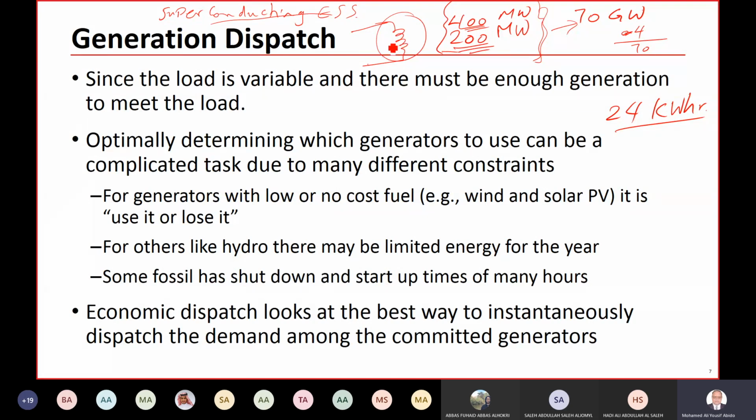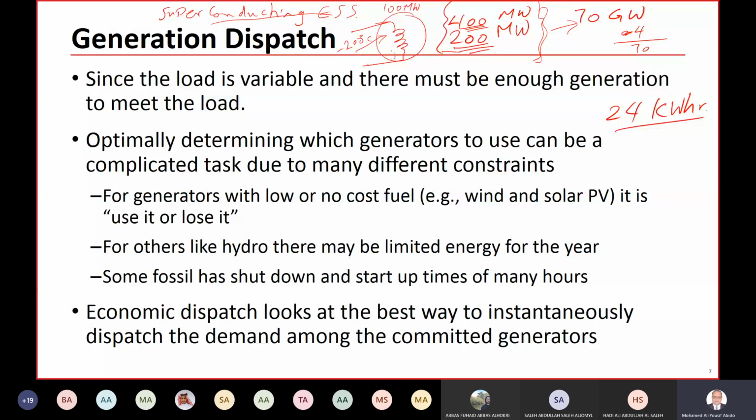You have to cool this conductor to a very low temperature, like minus 200 degrees centigrade. So this is also very expensive. For this type of energy storage, you can store around 100 megawatt. The battery is limited capacity. There are some technological challenges in energy storage systems.